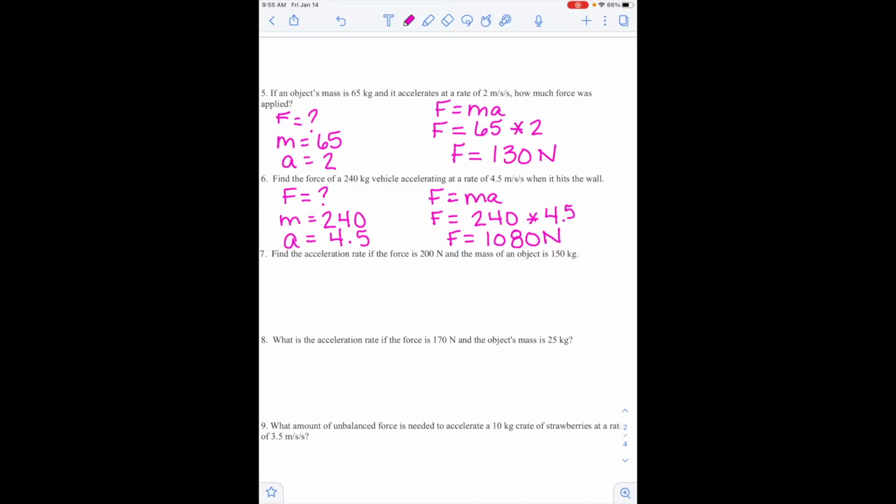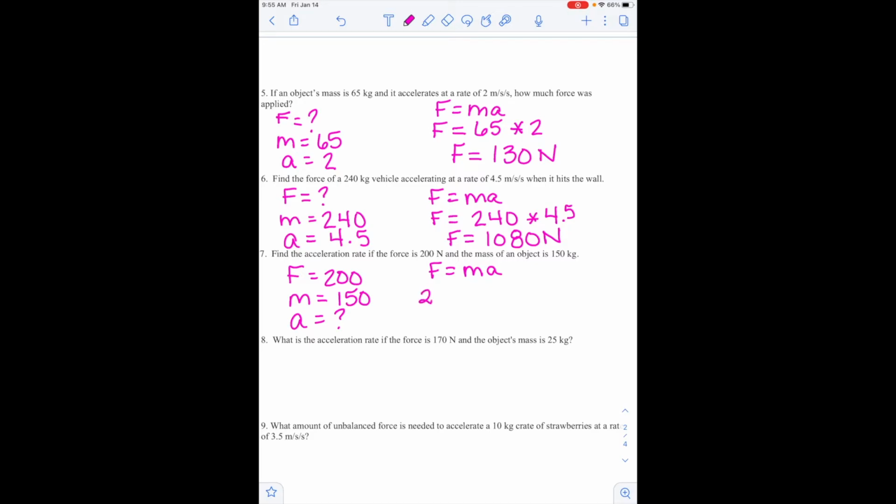Our next one, find the acceleration rate. If the force is 200 newtons and the mass is 150 kilograms, F equals ma is our formula.